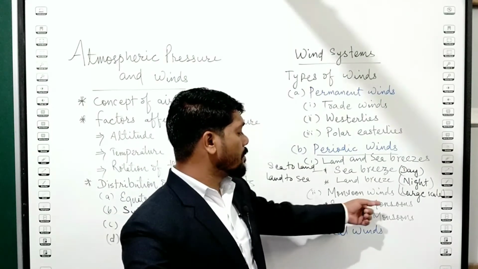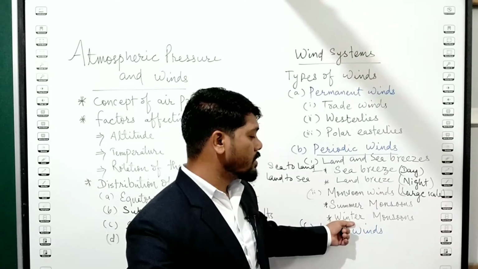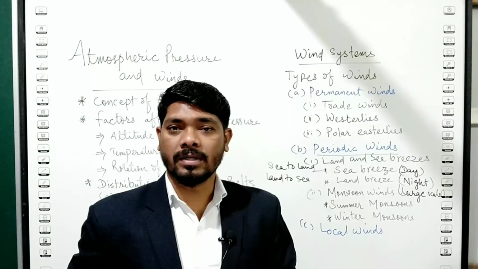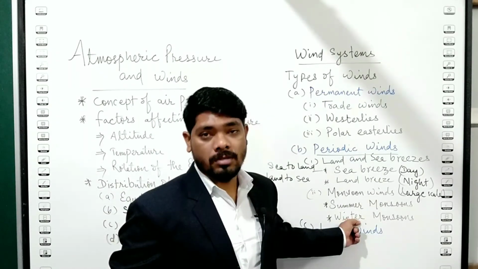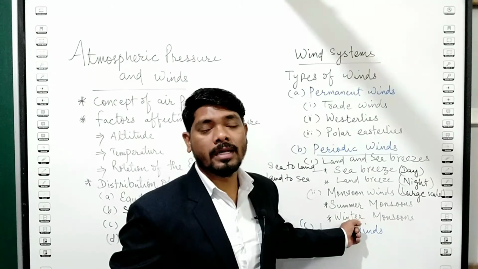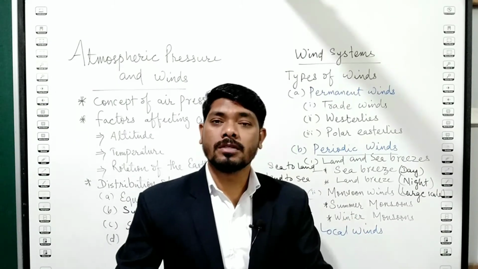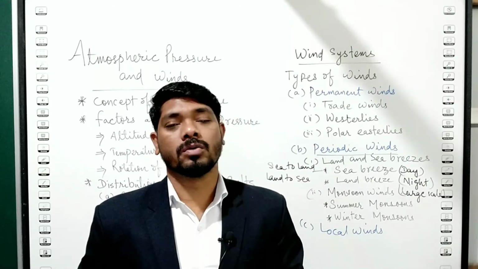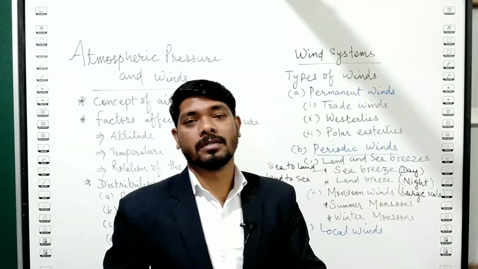The summer monsoon winds return back during the winter season, which does not bring rainfall to all parts of India, but it brings rainfall to Tamil Nadu, which is located on the eastern side of the Eastern Ghats. This winter monsoon is also known as northeast monsoon, as it blows from the northeast direction.